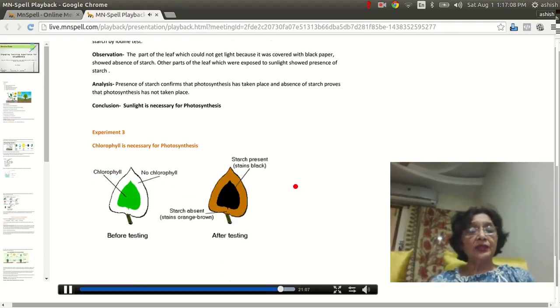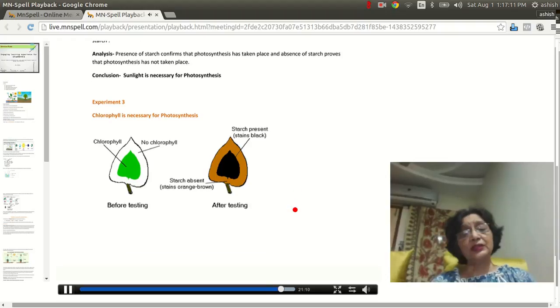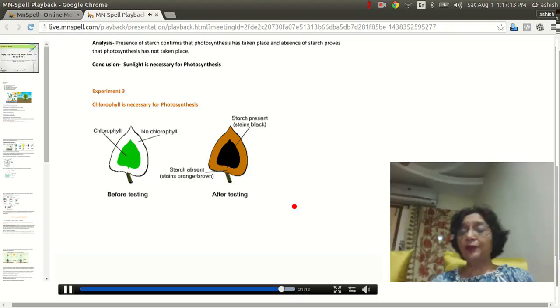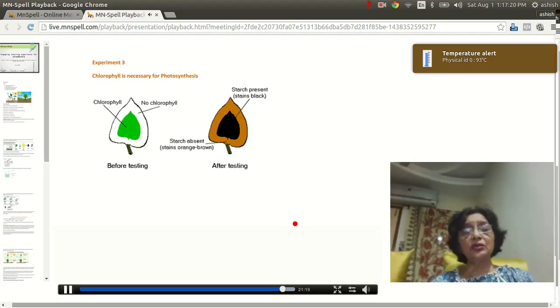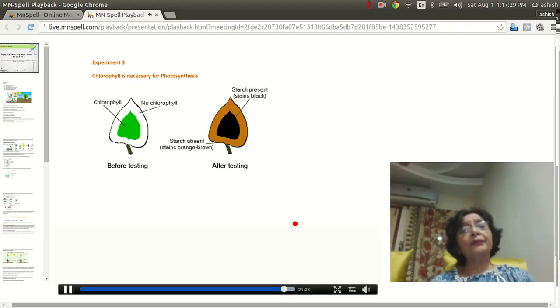Now I am coming to experiment number 3, that chlorophyll is necessary for photosynthesis. For this, I require a special kind of plant which has variegated leaves. Variegated leaves are those which have a few spots colorless and a few spots colored. The colored spots have chlorophyll, the colorless spots don't have chlorophyll.